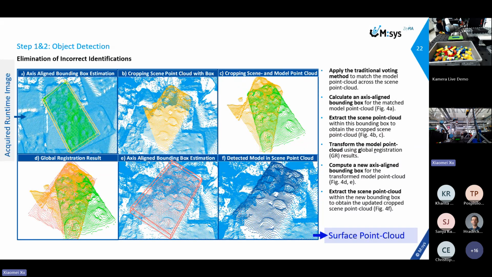To address this, we improve upon a global registration method, shown in the figure steps C to D, to stabilize the cluttered environments and correct pose estimation errors inherent in the Hough voting approach.